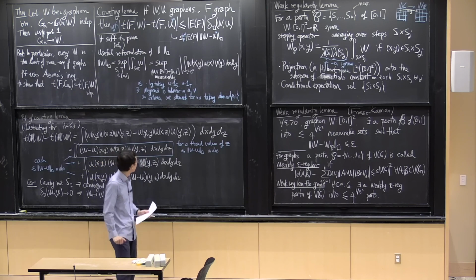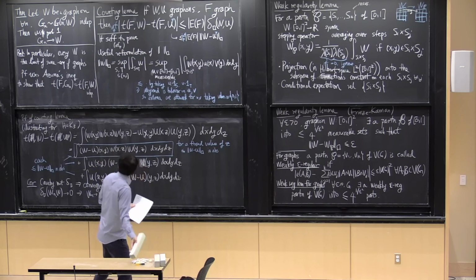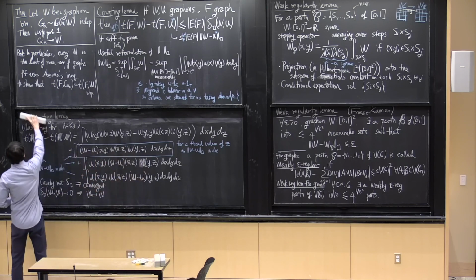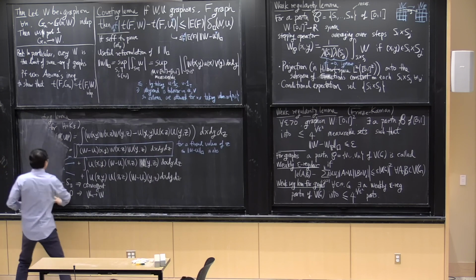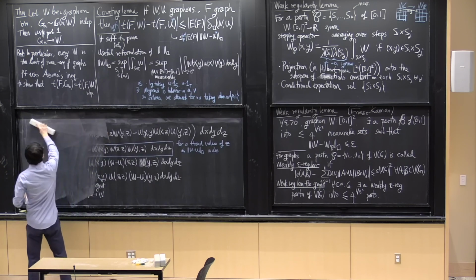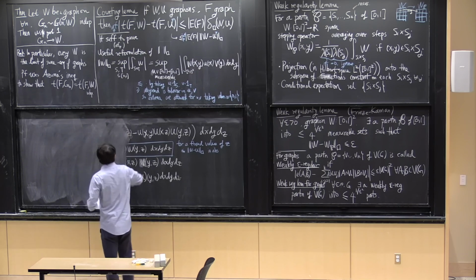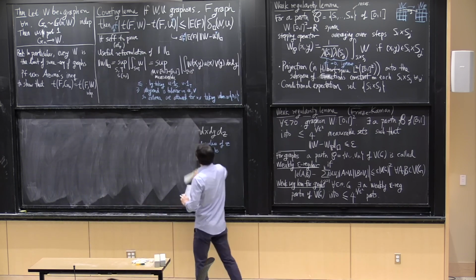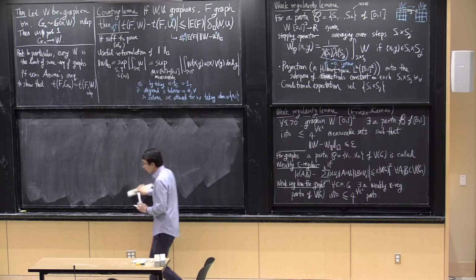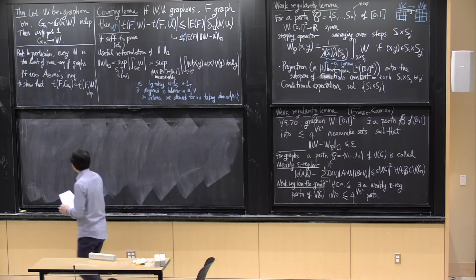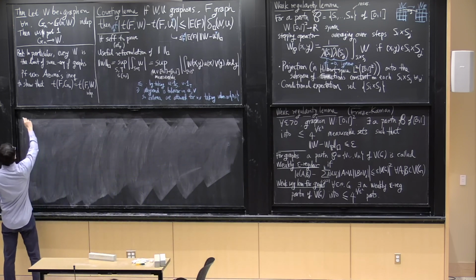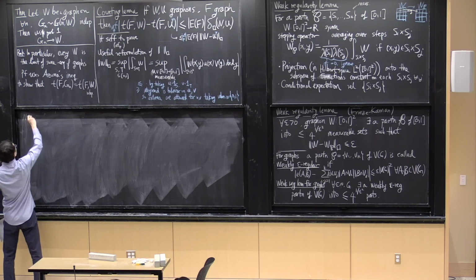So I want to take a brief detour and mention why you might care about weakly epsilon regular partitions. In particular, the problem of interest is approximating something called a max cut.